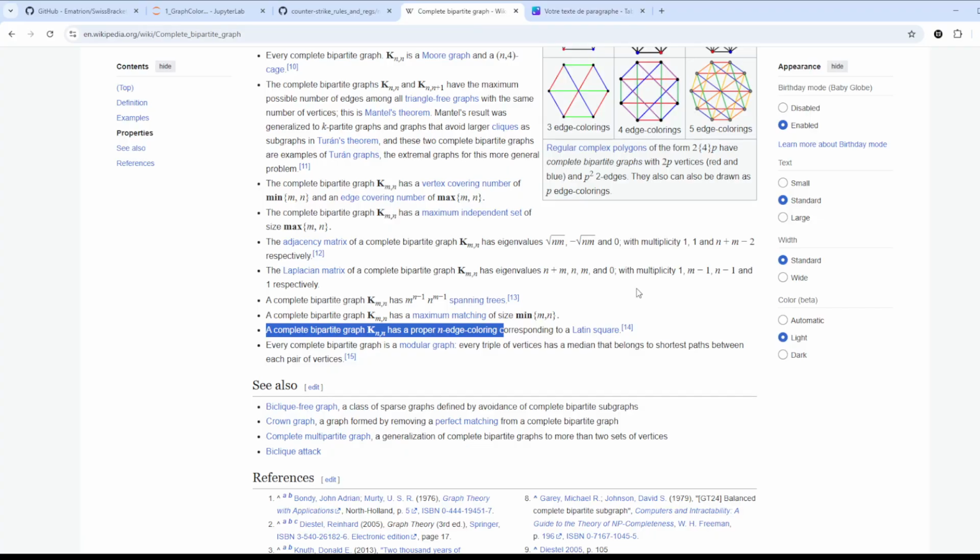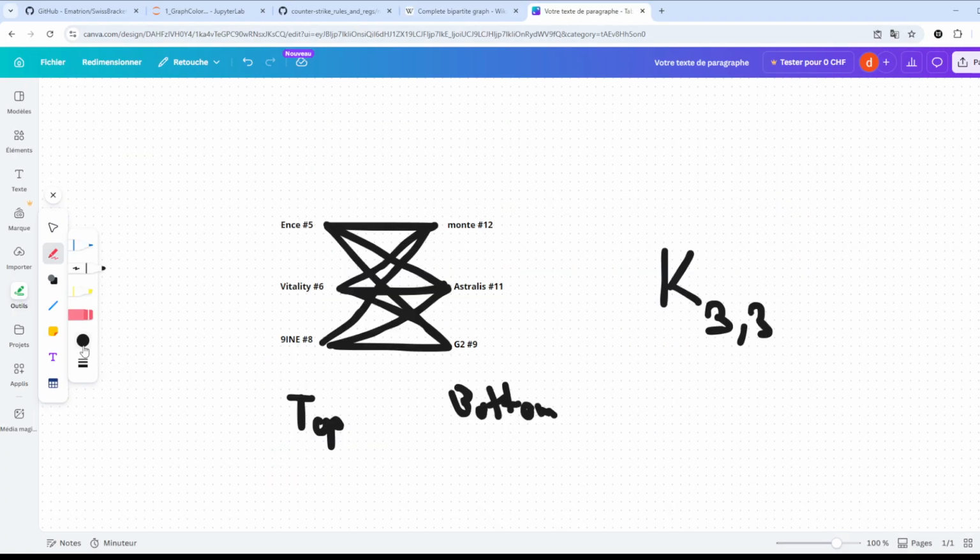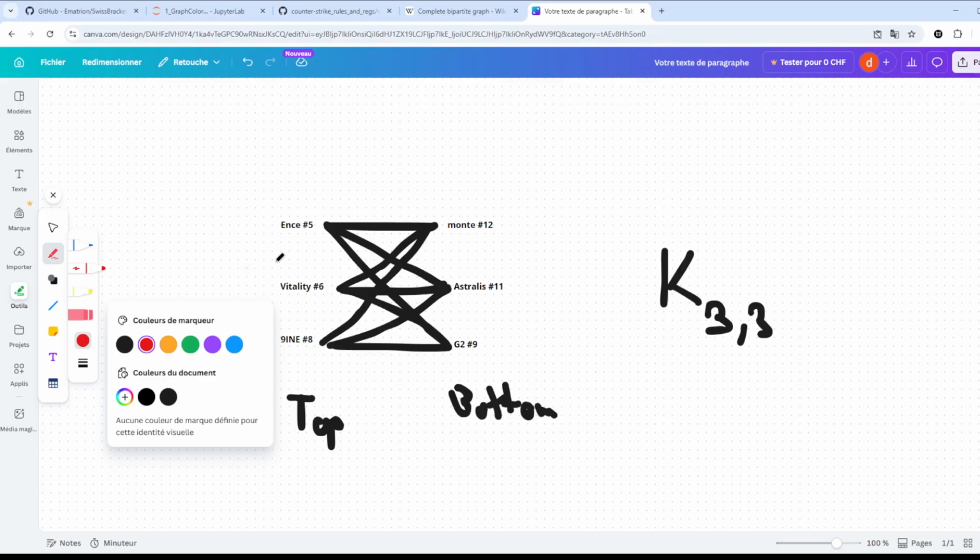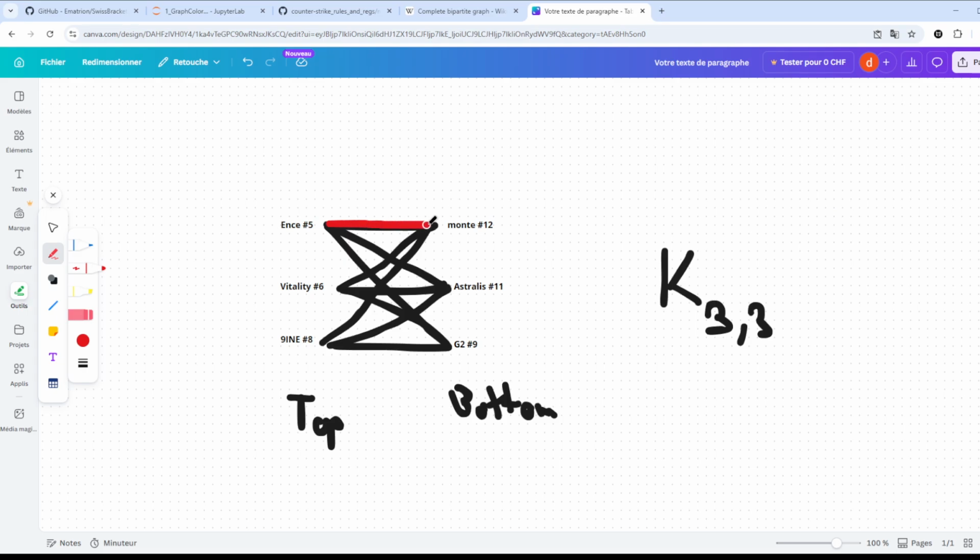Now, the second part of the proposition is a proper n-edge coloring. So there is the word coloring. Let's use color. In a coloring, you color edges. There is a rule. You put a color on an edge, on a game, and then if you want to add another one of the same color, it cannot touch.